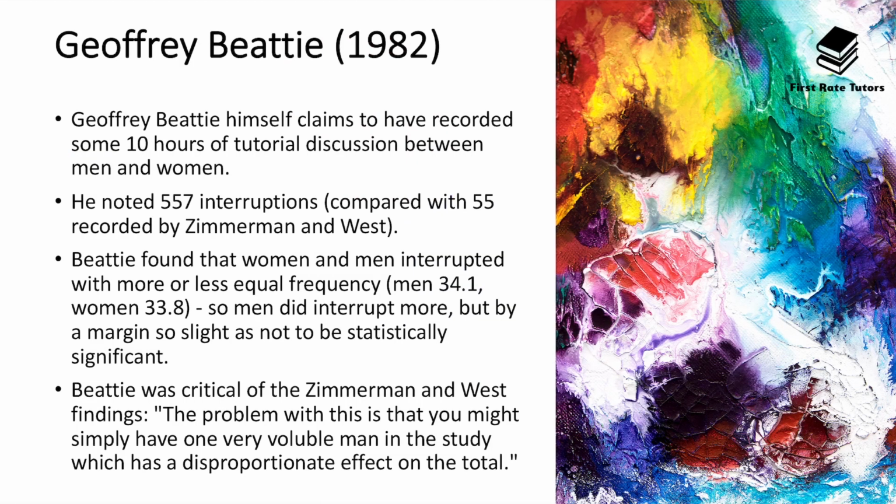So in other words, Beattie was saying the sample was so small that it takes just a very small number of men within this sample that Zimmerman and West looked at to be exceptionally interruptive when it comes to conversations, as to make it appear that men generally interrupted more, but actually it's representative of a tiny group of men within that sample.